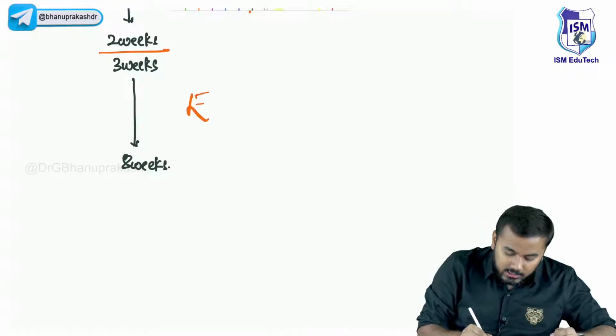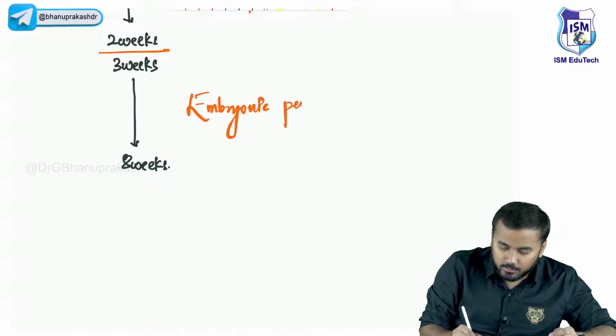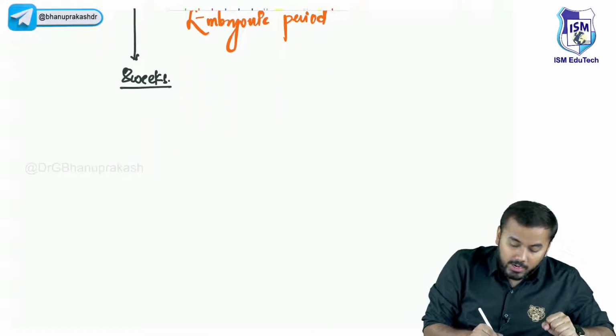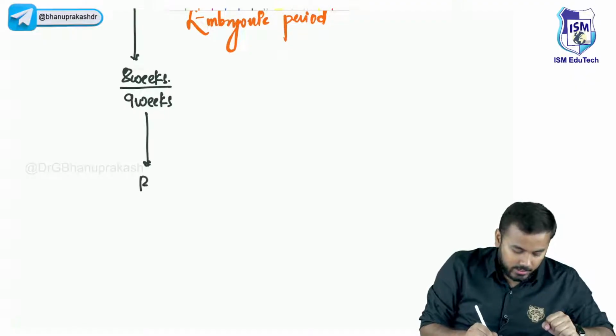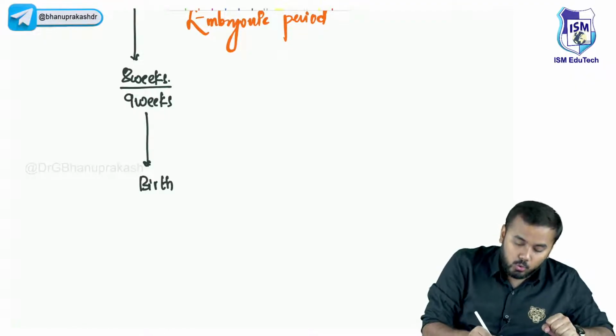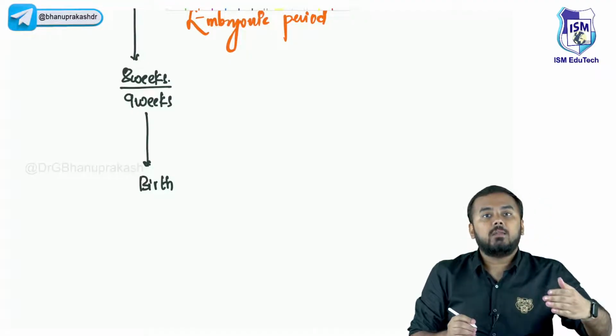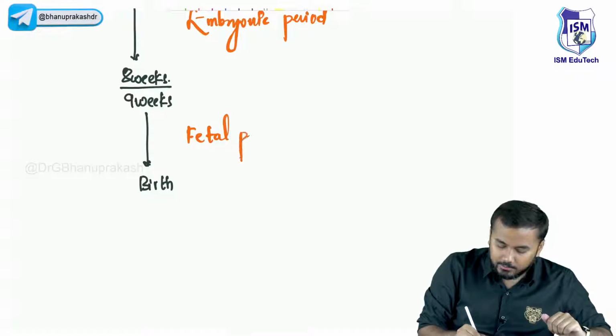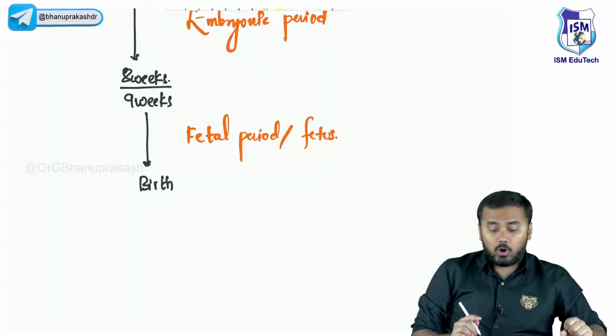What do you call this period? The embryonic period. Now after 8 weeks, what will happen? 9 weeks. So from 9 weeks till birth, you call this the fetal period or fetus.